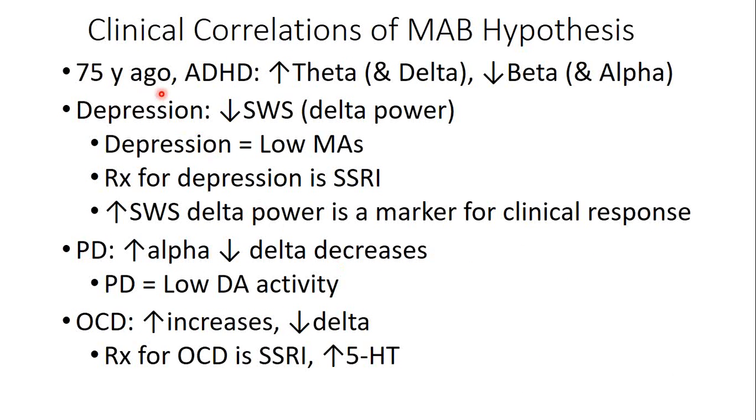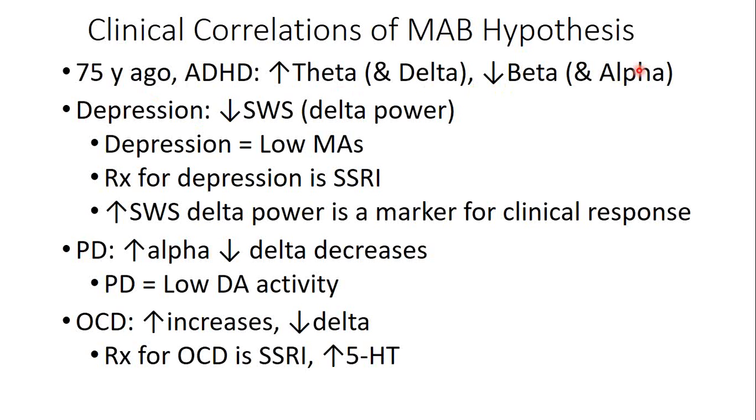It's not new. About 75 years ago, a fellow by the name of Jasper showed that in ADHD, there was a predominance of slow and a decrease in faster activity. Now we know this as the theta-beta ratio, and many times in our webinars we've talked about how we think the ratios are important clinically.